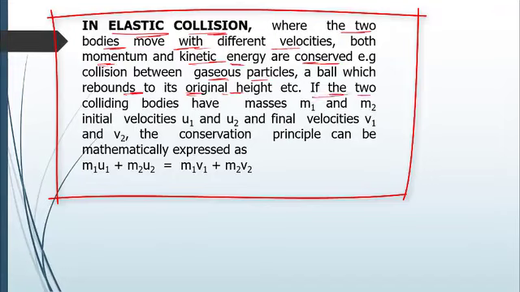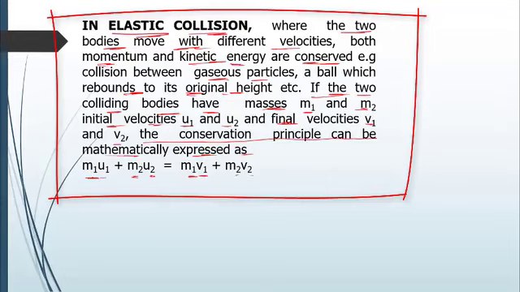Now, if the two bodies that are colliding with each other have masses m1 and m2, initial velocities u1 and u2, and final velocities v1 and v2, the conservation principle can be mathematically expressed as m1u1 + m2u2 = m1v1 + m2v2.